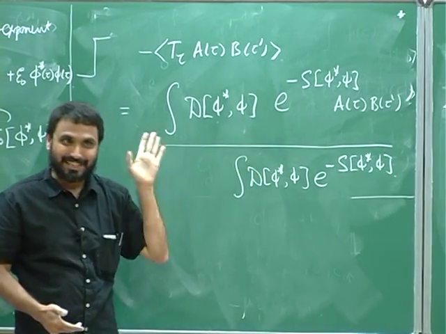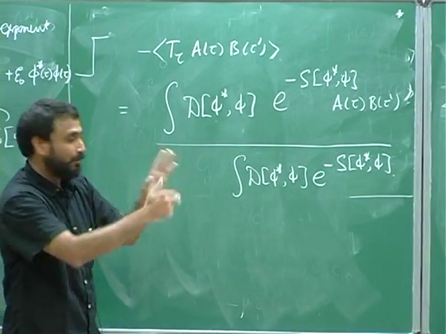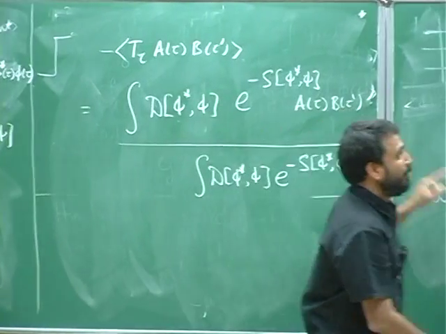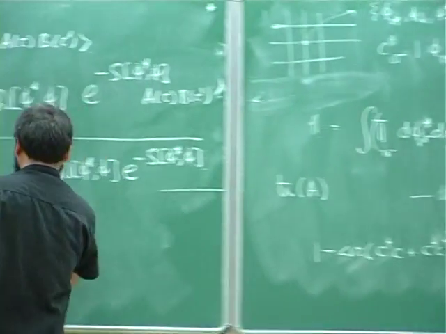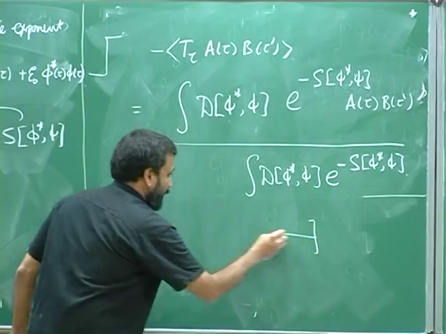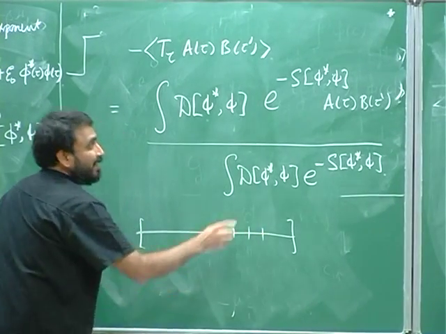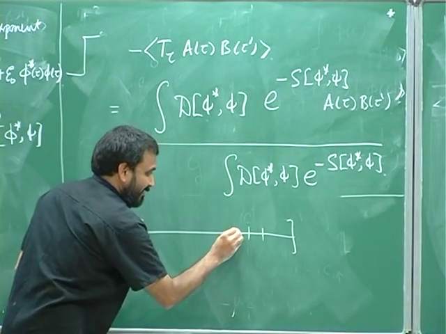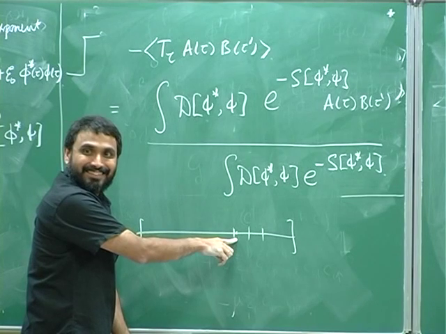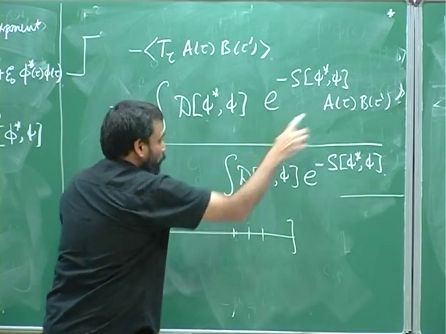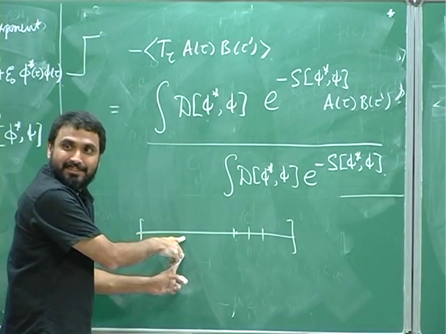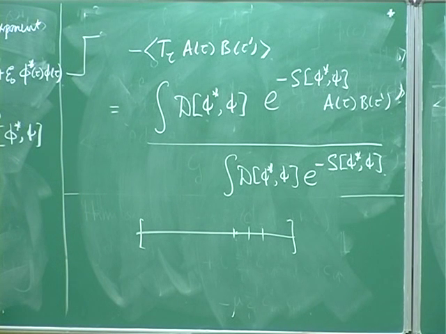Because of the way you constructed this, when I took my interval, I split it up into various slices. So suppose this tau prime were here, I will put the b there, and this tau over here, I will put the a there. So it's automatically time ordered. You don't need to do anything special for time ordering. You get time ordering for free.